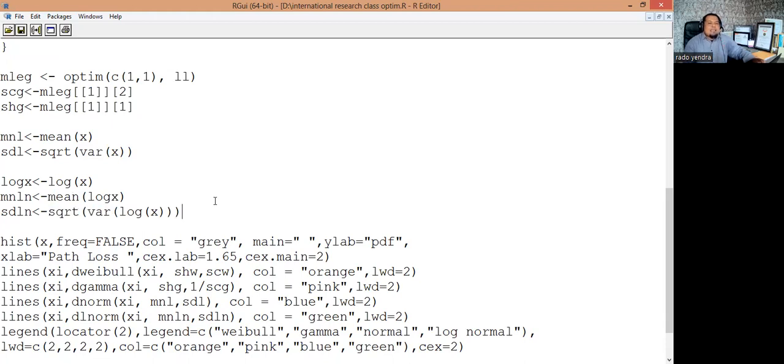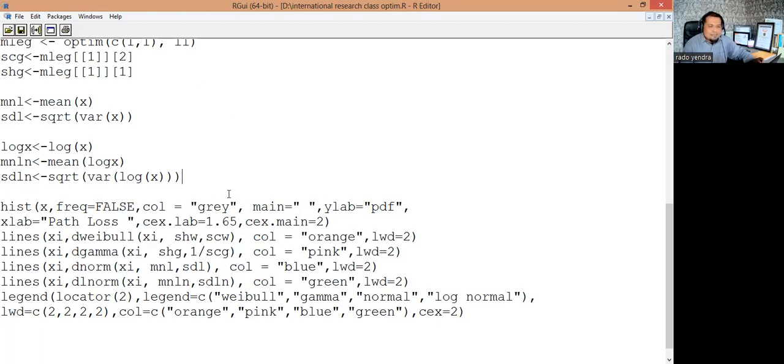This is very easy for the normal and the log normal distributions. The parameters of the normal distribution are just the mean and the standard deviation. For the log normal distribution, we take the natural logarithm of the data, and after that we find the mean and standard deviation.